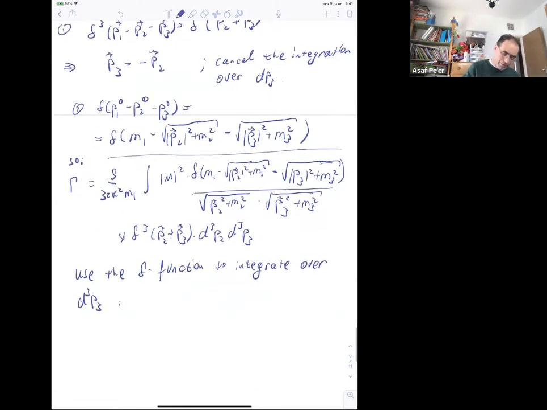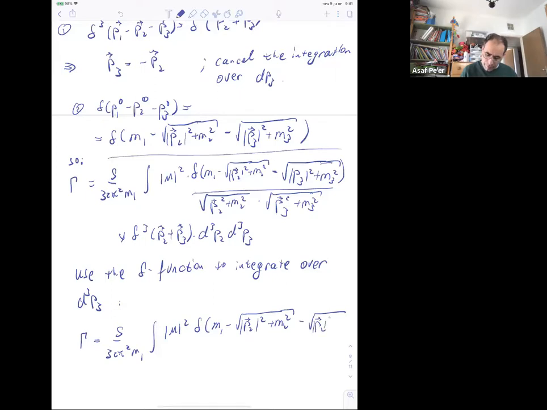Then we end up with gamma, which is S over 32 pi squared M1, the integral of M squared delta of M1 minus the square root of P2 squared plus M2 squared minus the square root of P2 squared plus M3 squared.